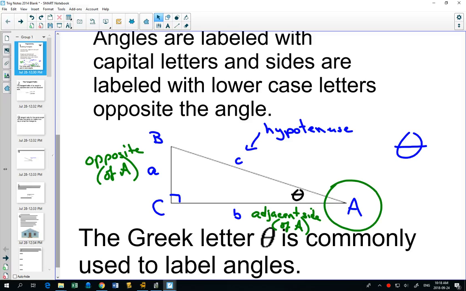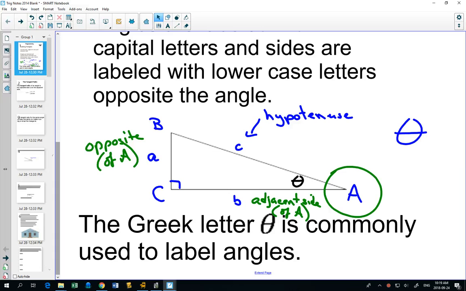So side little a is the opposite side of theta. Side little b is adjacent to theta. And of course, c is the hypotenuse. There, so you remember how to say it. Theta.